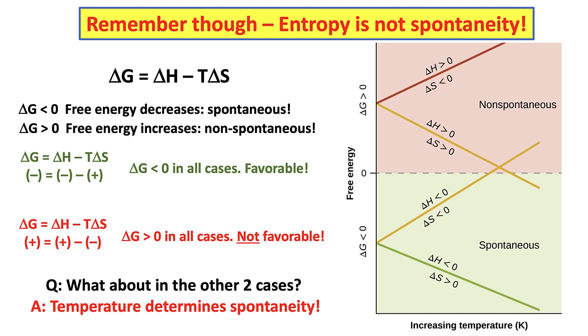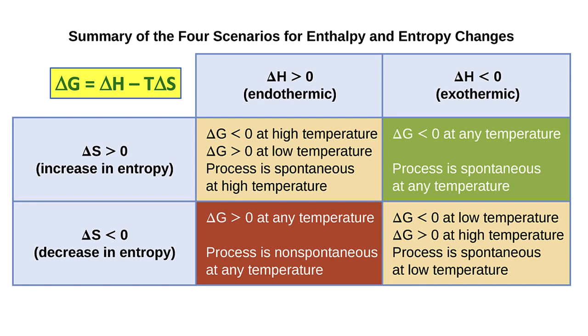And that's another way to interpret this graph, which I think can be very helpful. The take home, though, is that when we have these competing factors between entropy and enthalpy, there will be a temperature at which the behavior crosses over, going from non-spontaneous to spontaneous or spontaneous to non-spontaneous.